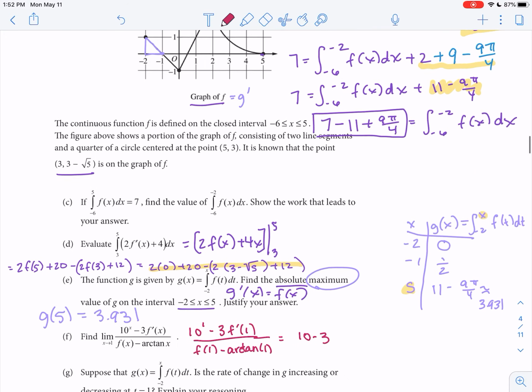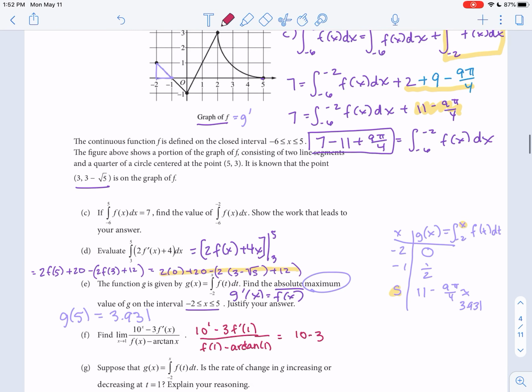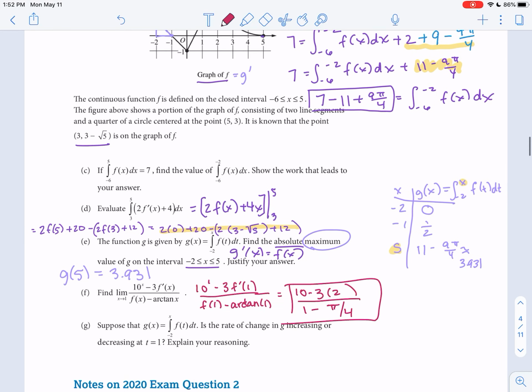F prime of 1, that would be the slope of the graph at 1, which looks like it's up 2 to the right 1, so 2. F of 1, if I look at the graph, is 1. Arctan of 1 means for what angle is tangent equal to 1. Look at the unit circle page I put on your review sheet. That's pi over 4. That is certainly not 0 over 0, so I'm good. I'm done. Okay?